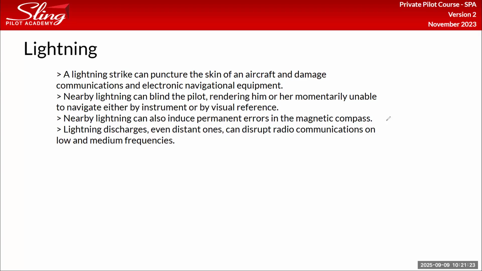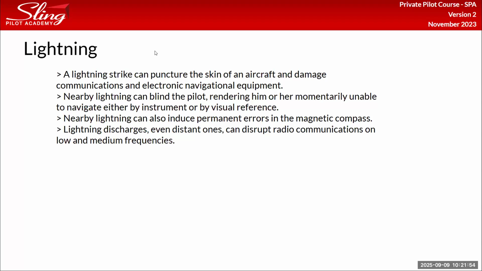We don't have a magnetic compass, but if you were flying an older plane that had a magnetic compass, you'd be worried about nearby lightning and produce errors in the magnetic compass. I think we'll get to compass errors way later on when we talk about cross-country flight planning, and can disrupt radio communication on low frequencies. This is all just good to know. You don't have to memorize this.